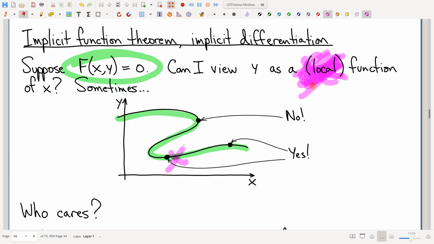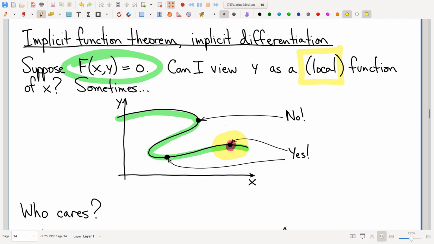I'm asking the subtler question as follows. Given a point that I might be looking at, if I were to look locally, that means just take a vicinity, what we call a neighborhood, of the point in question on the graph.